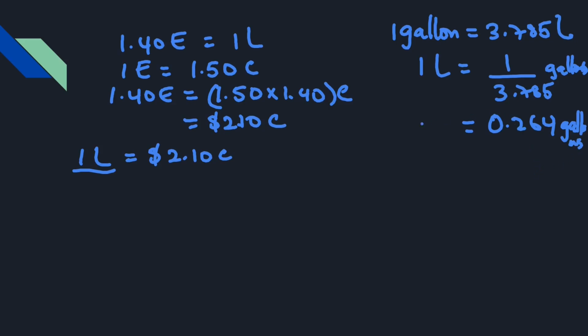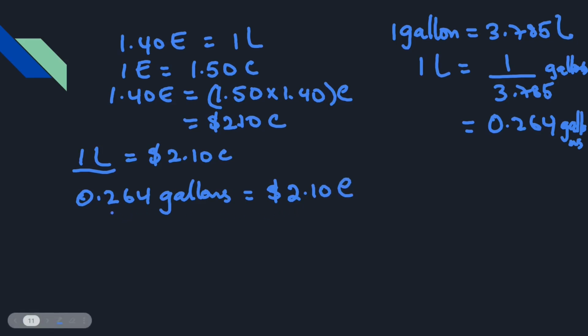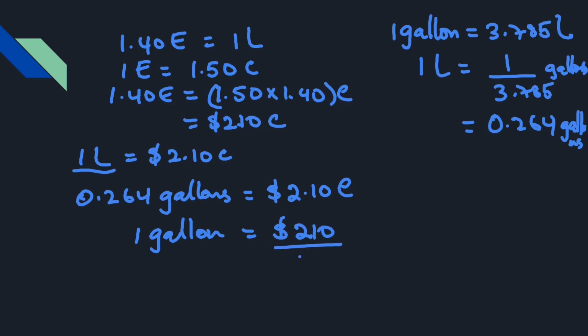Now, I can change this equivalence again, and I can say 0.264 gallons costs me $2.10 Canadian. Now I just need to say, okay, well, this amount of gallons gives me this. 1 gallon would give me 2.10 divided by 0.264, and then I can figure out that answer of $7.95 per gallon.